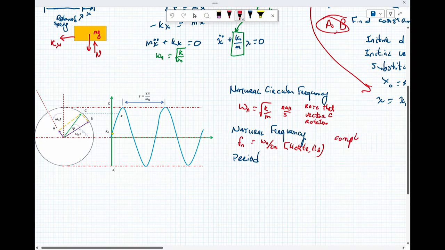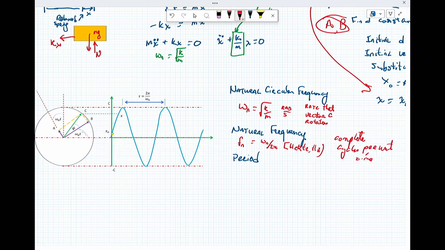And that represents complete cycles per unit time. So the rate, the frequency of c is omega n. The number of peaks to troughs back to peak is going to be the natural frequency.